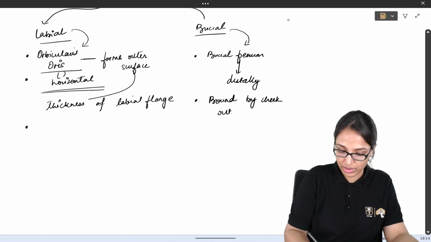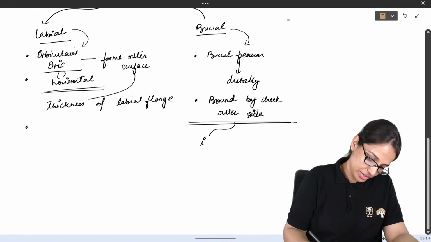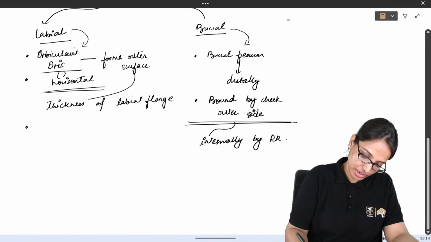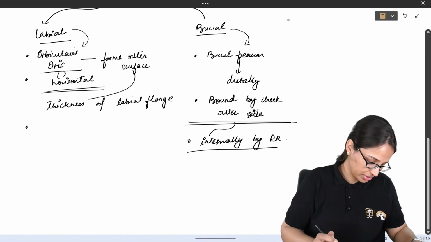It is bound by the cheek on the outer side, and internally by your residual alveolar ridge.